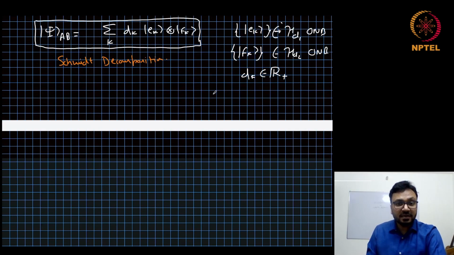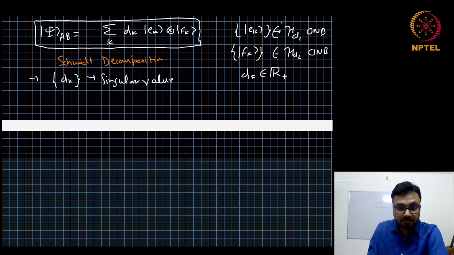Now you see we have a set of d's. They are the singular values of the coefficient matrix A. Then the number of non-zero dk's is the same as the rank of matrix A.